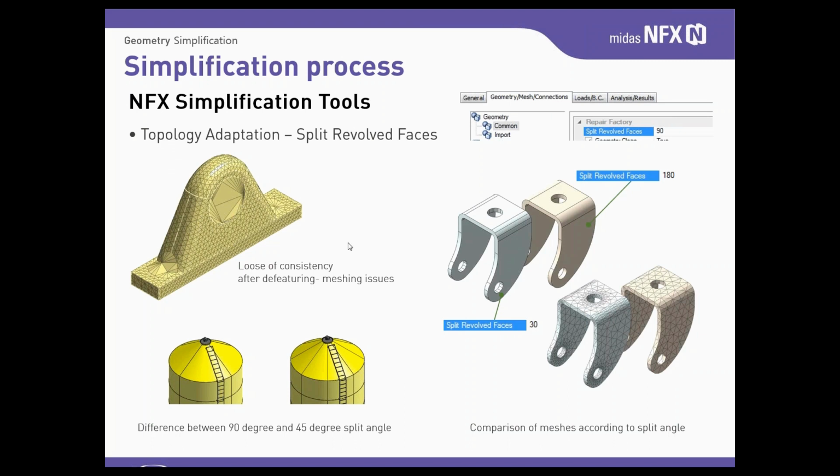Okay, at the beginning of the previous video, I was checking an option called Split Revolved Faces, and this option automatically divides faces with curvatures of cones, fillets, holes, according to a specified angle value.